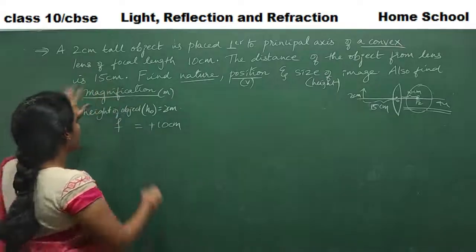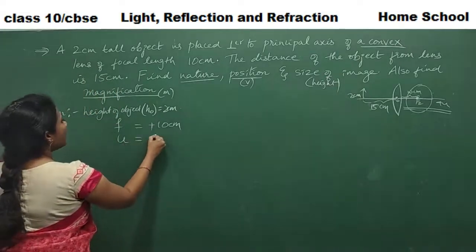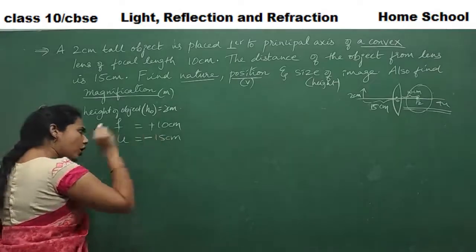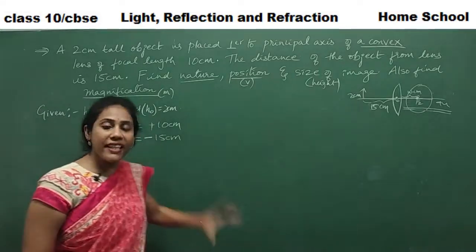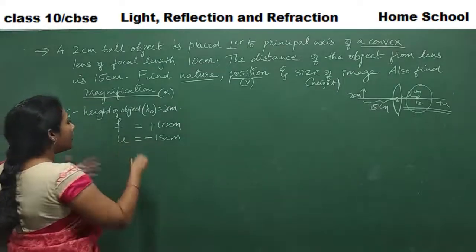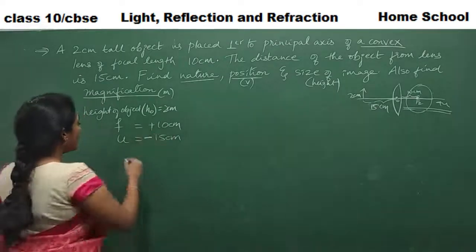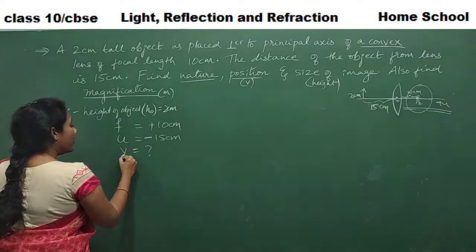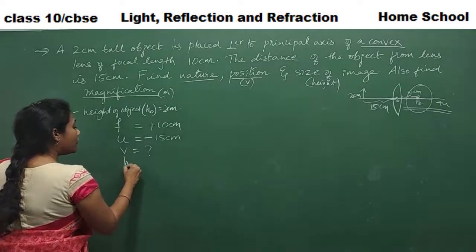Then object distance U is given as 15 centimeter. Object distance is always negative. Clear? And what are they asking you to calculate? V they are asking. And height of the image.